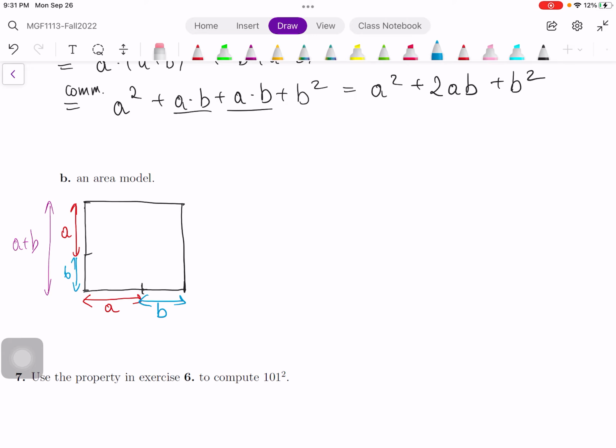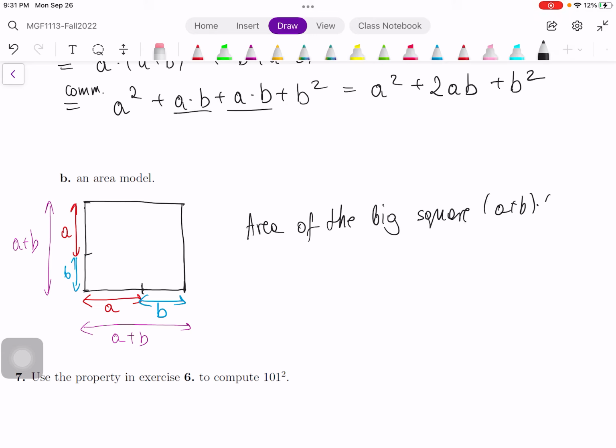So again, this combined has the length of A plus B. So on one hand, this is a square whose area, so area of the big square, is A plus B times A plus B, or A plus B squared.